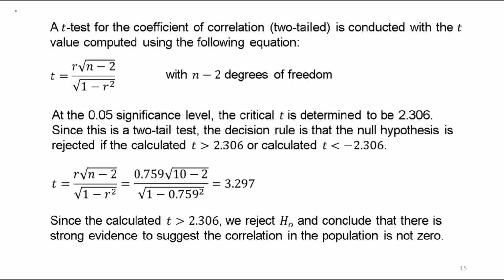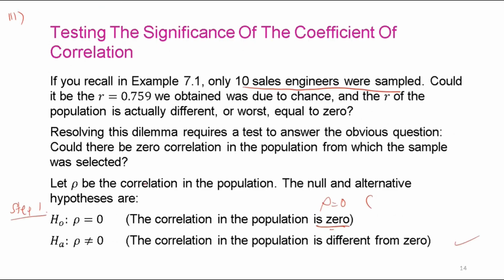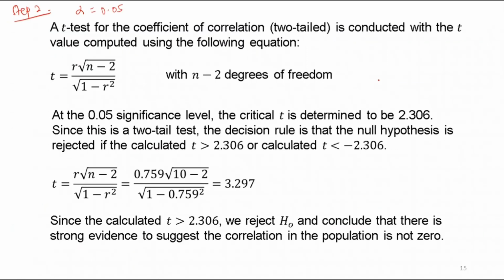Okay, so step 1 is the alternative and null hypothesis, and then step 2, level of significance. Since the question does not mention it, just assume that our level of significance is 0.05. Now this one is two tails because it is equal and not equal, so we have two rejection regions.